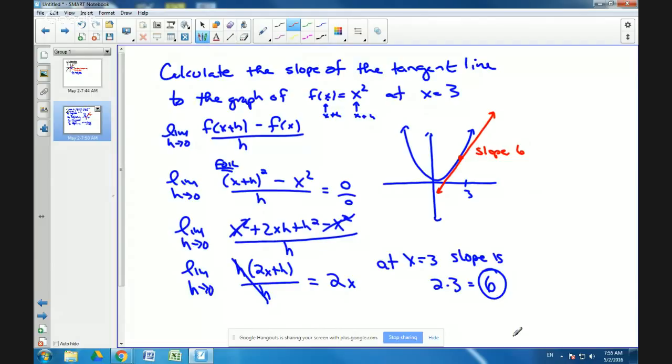Now this is not in your homework. What's the equation of this line? What's the y value? All right, so y minus 9 equals.